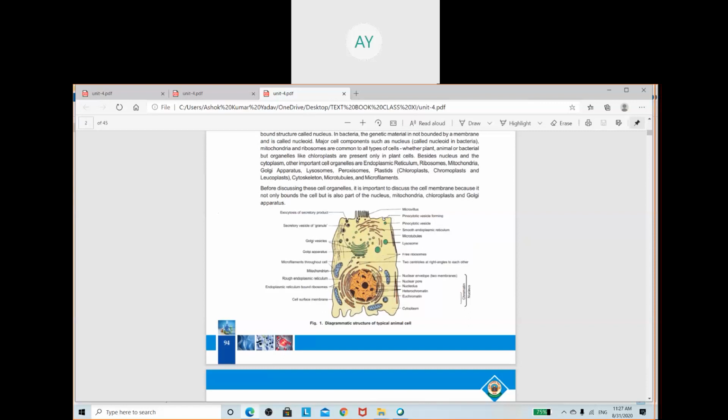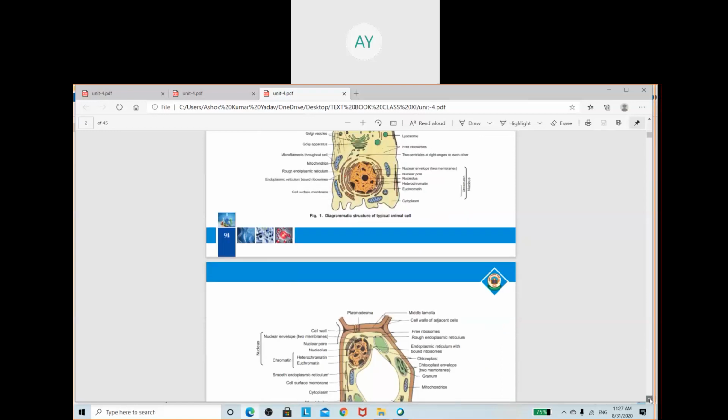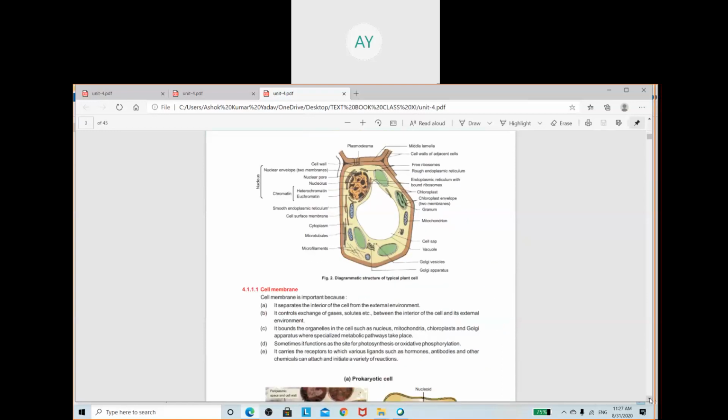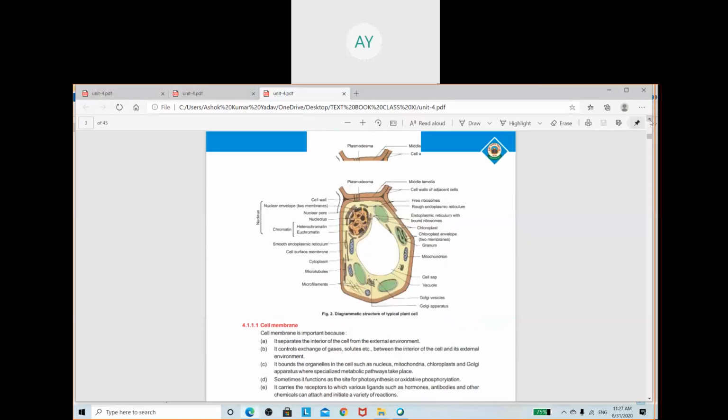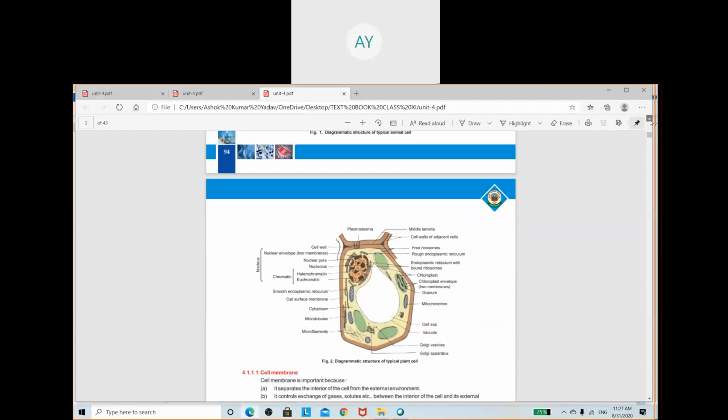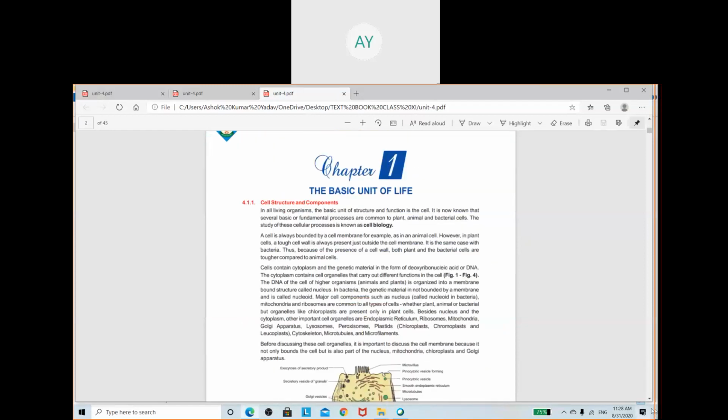And third, there is a definite shape of the plant cell due to presence of a rigid cell wall. You will find the shape of the plant cell is fixed due to the presence of the definite cell wall, but that cell wall is absent in case of animal cell.